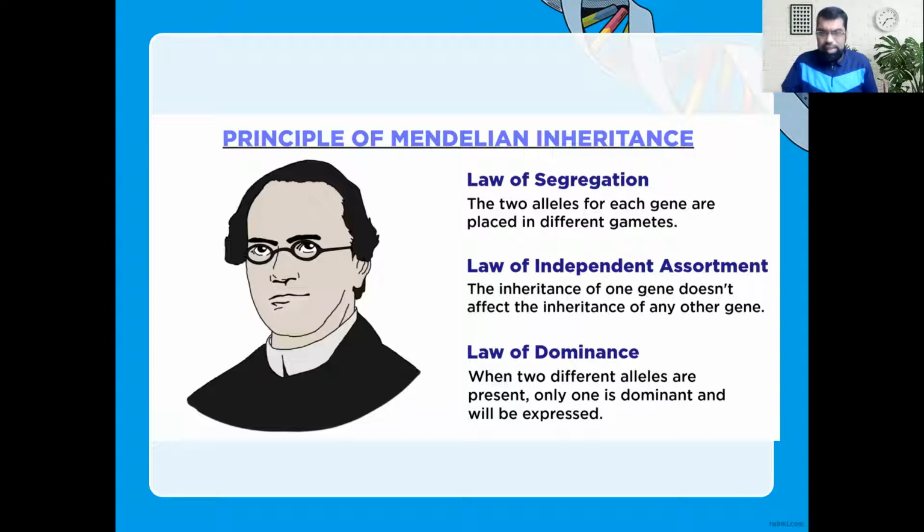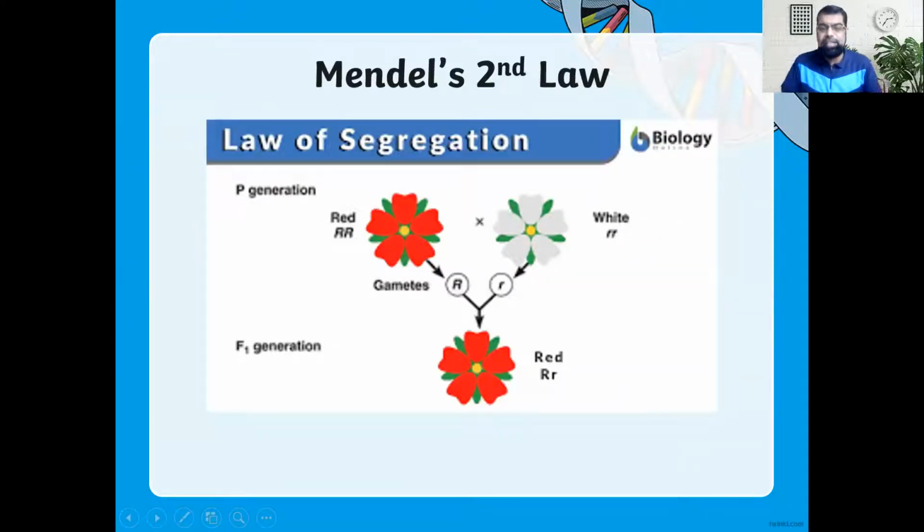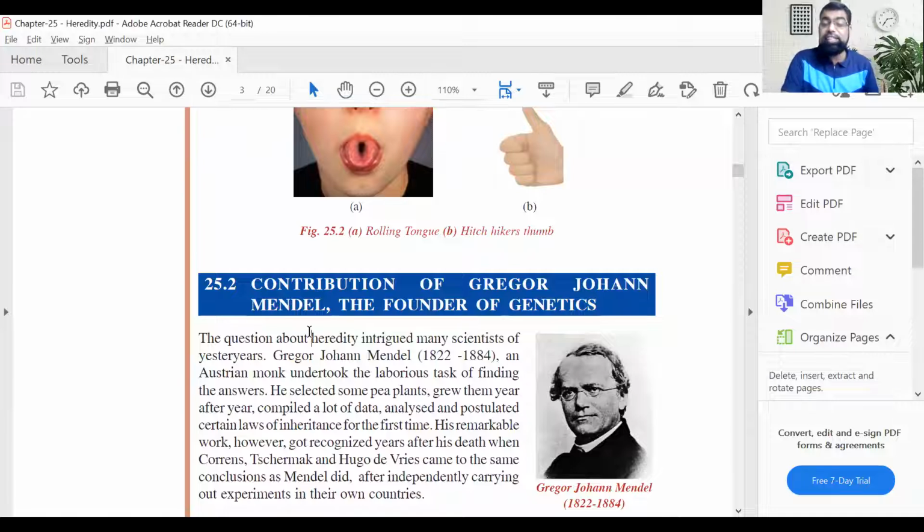I'll explain to you, and I'll go back to the chapter also. So let me go here. This is Mendel's law, and we'll come to Mendel's law after I go back and explain the PDF to you. Hello, Mr. Gregor. Right. 1822, really long, right? Don't worry about the tongue thing, we just discussed the tongue part of it.